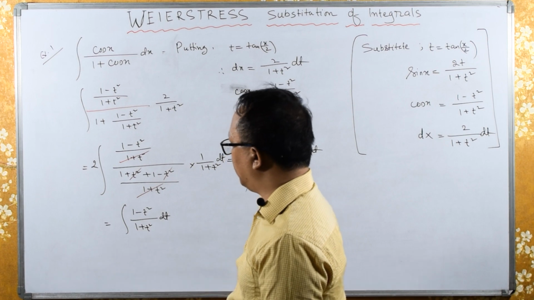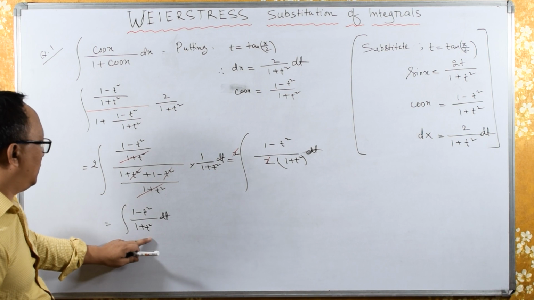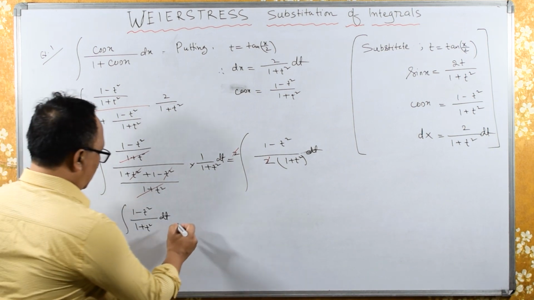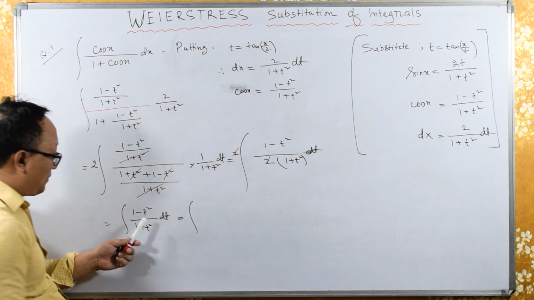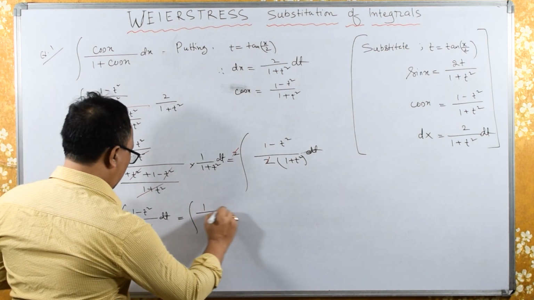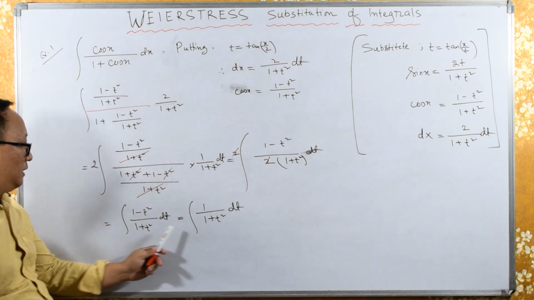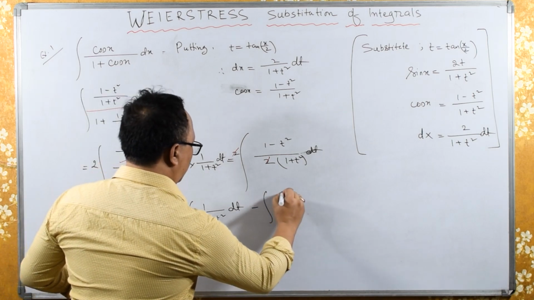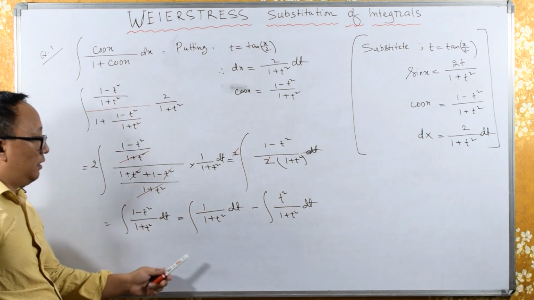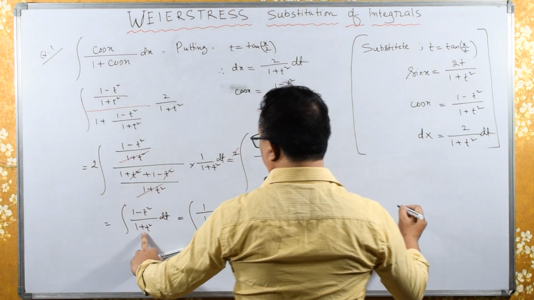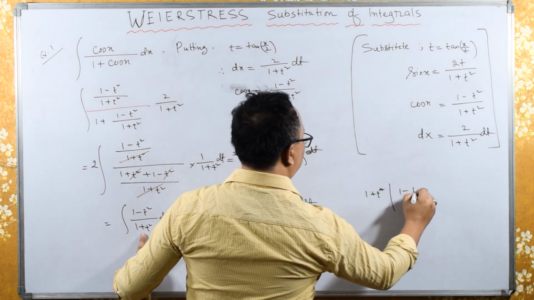Even if you want, you can separate it as 1 upon 1 plus t square dt, minus t square upon 1 plus t square dt. Or otherwise, you can divide 1 minus t square by 1 plus t square.